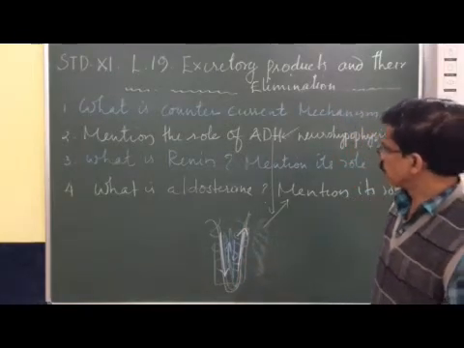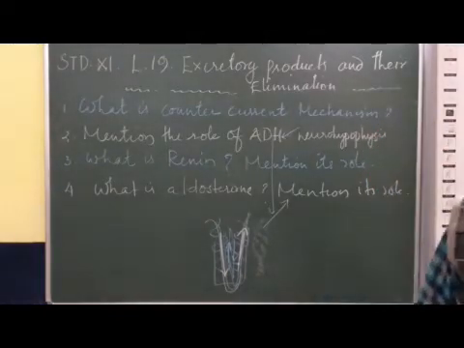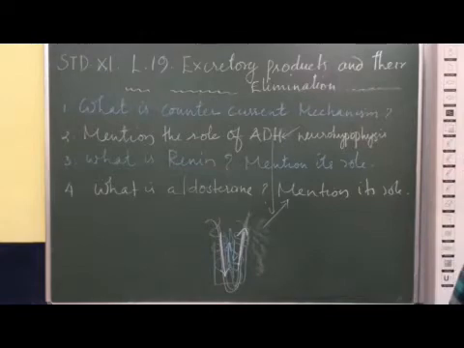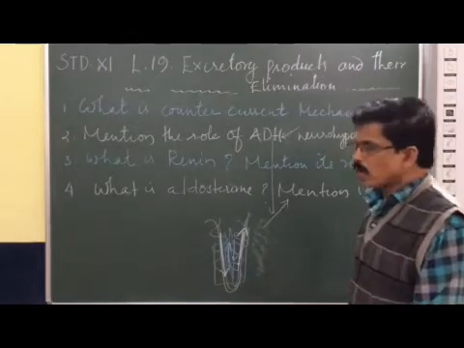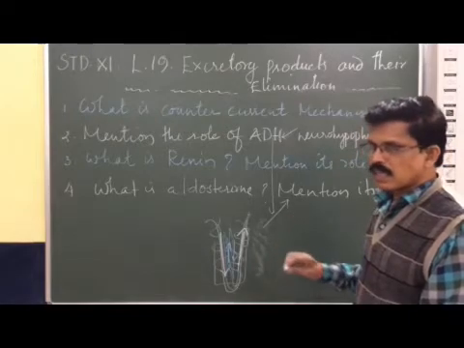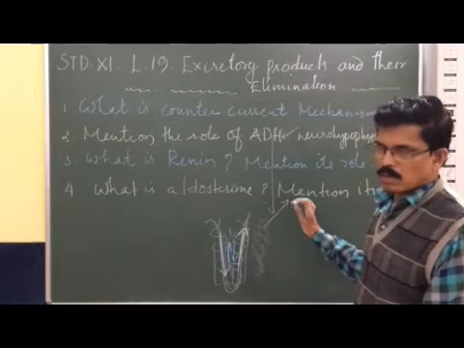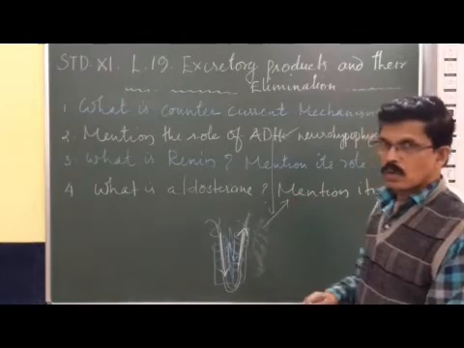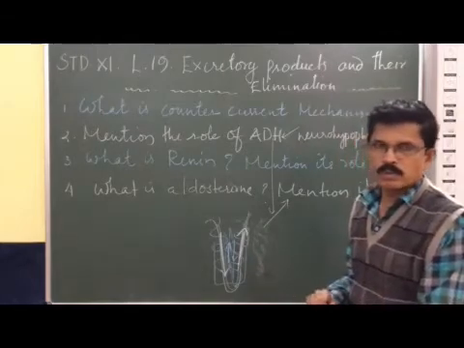What is renin? Renin is a hormone that is secreted by the juxtaglomerular cells. What is the juxtaglomerular apparatus? I told you already, the juxtaglomerular apparatus is the special junction where the blood vessels meet or come in contact with the distal convoluted tubule and the Henle's loop.